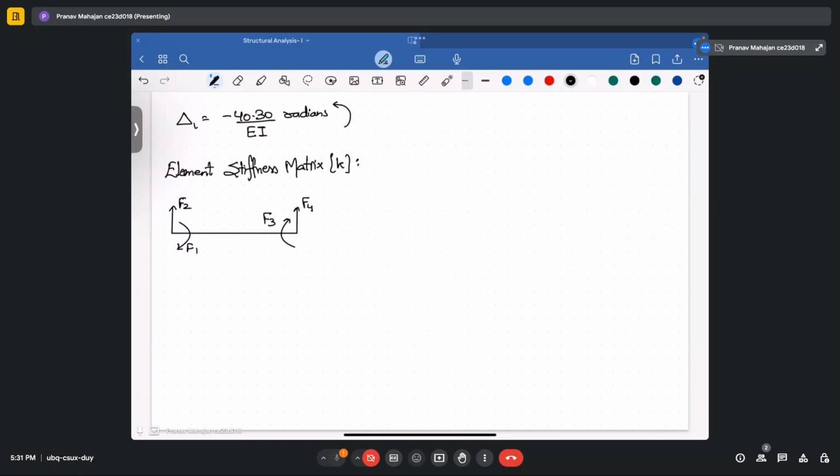So by this, how you will obtain the stiffness matrix. So your stiffness matrix will be like this: 4EI upon L, minus 6EI upon L square, 2EI upon L, 6EI upon L square.